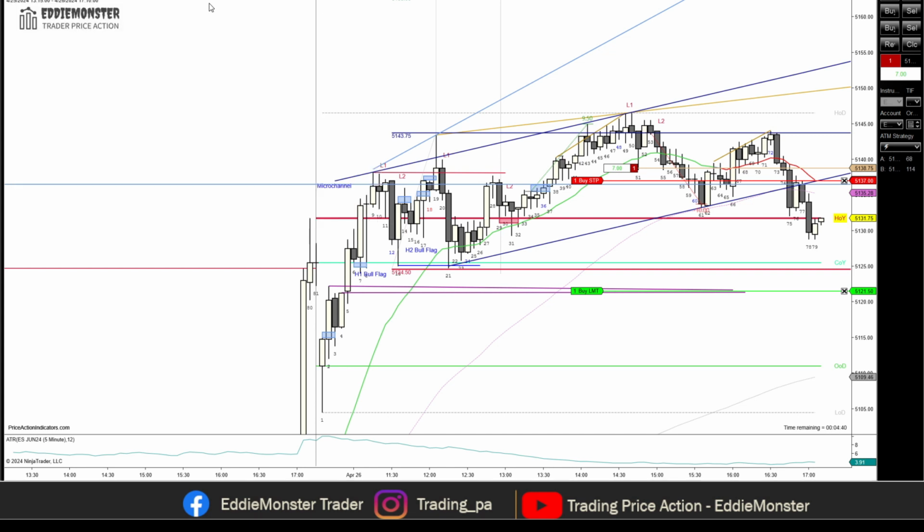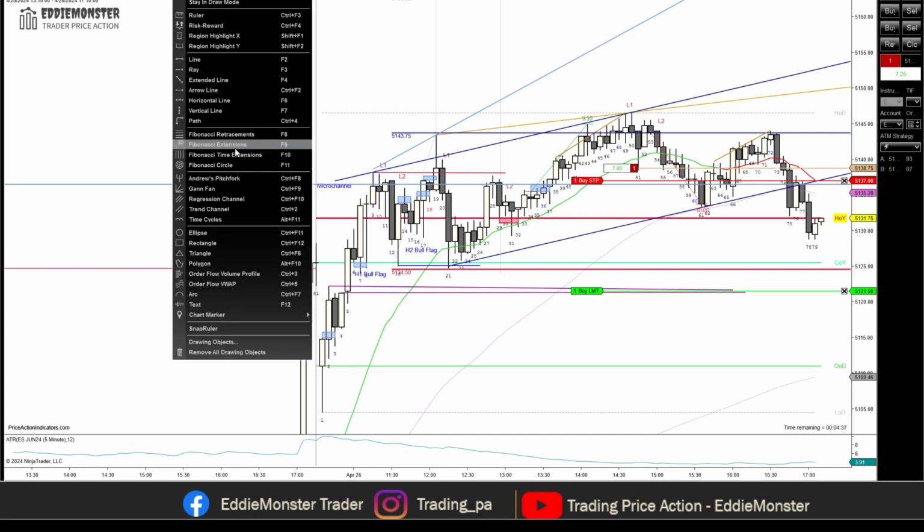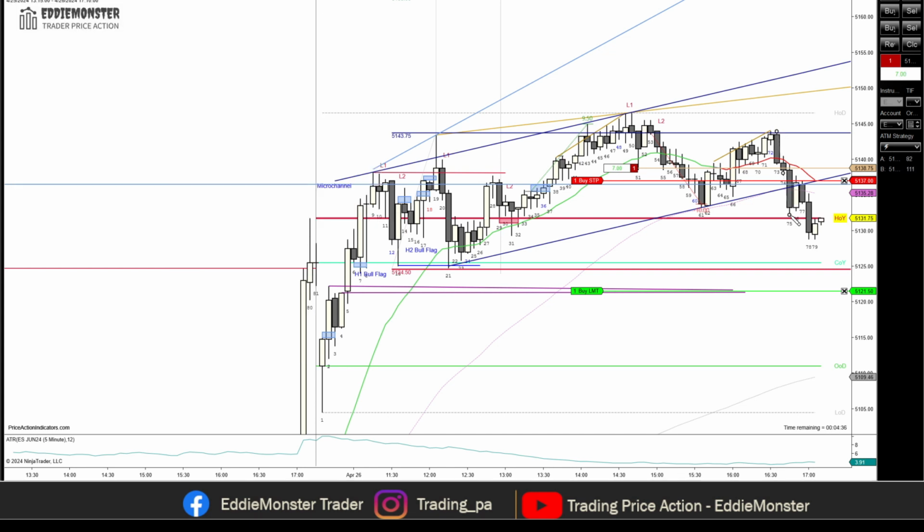Let me see. Let's see here. No, we still have room for the second leg down. So let's wait for this bar. We'll see what really happens. This is still a micro channel. Despite we have one leg, two legs down, it's still a micro channel.